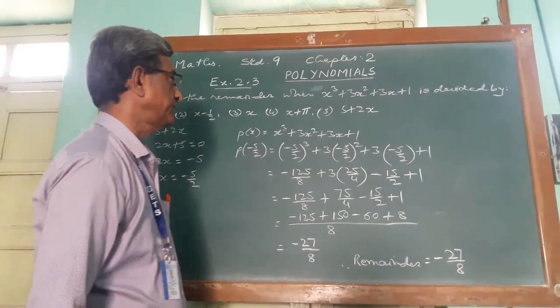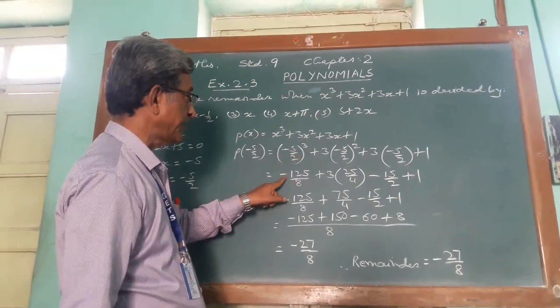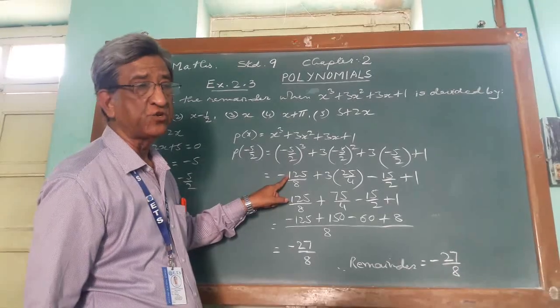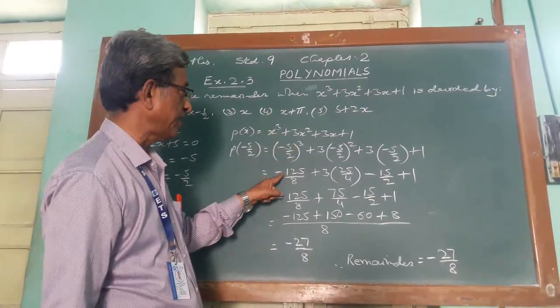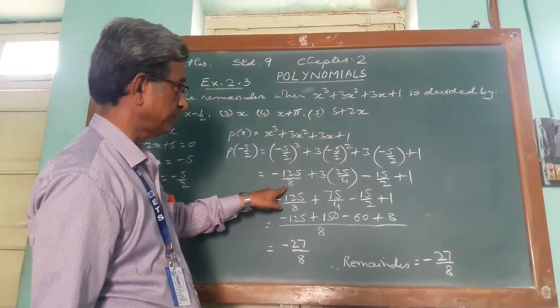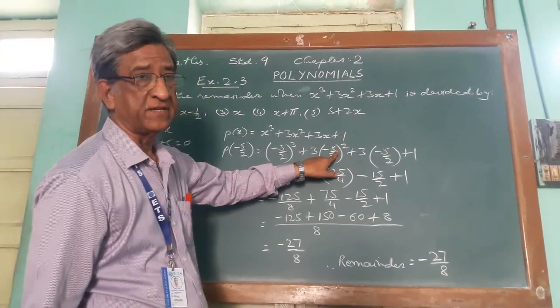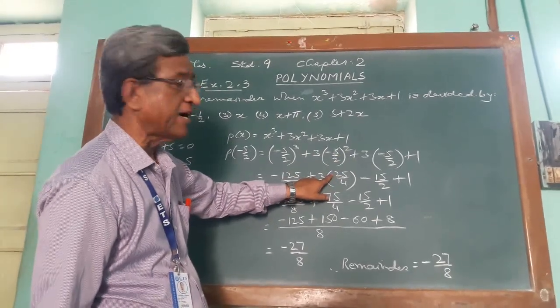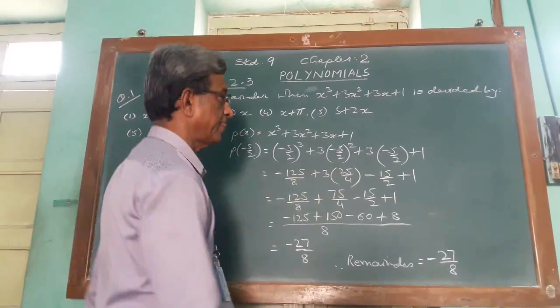Now simplify. Minus 5 raised to 3 gives you minus 125, since 5 into 5 into 5 gives you 125. In the same way, cube of 2 is 8. Plus 3. Square of minus 5 will become 25, and square of 2 is 4.